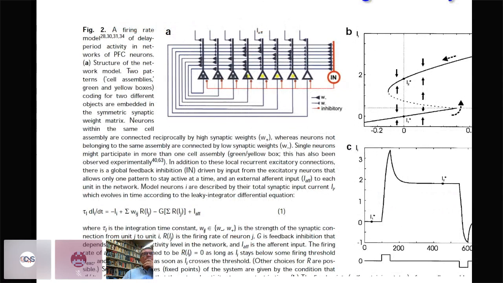Okay, so if you go back in the literature, there are a lot of models for working memory, and one of my favorites is the recurrent network model. This is from a review paper, and Daniel Durstewitz, who gave a really nice talk earlier, is one of the co-authors. He was a postdoc in the lab back in the 2000s.